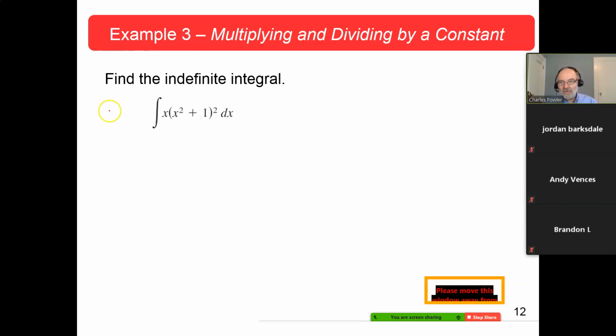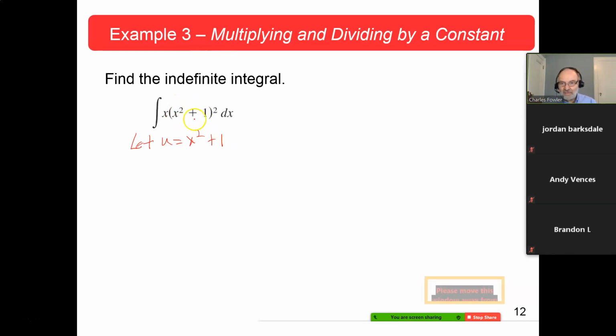What would be your guess to do? You tell me how to start. I'll write down the first word. Let. Pick it up and carry from there. Excellent. u equals x squared plus 1.